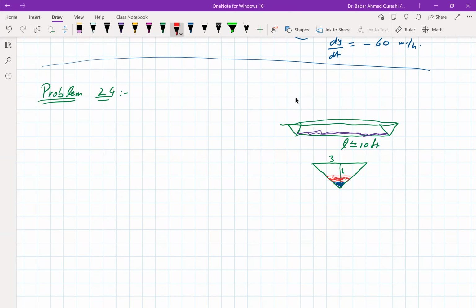So if I denote the height of the water by h and this base by b, then the volume is simply going to be the length of the trough times the area of this. And the area of this is obviously, because it's an isosceles triangle, one half b times h, because this is a perpendicular.